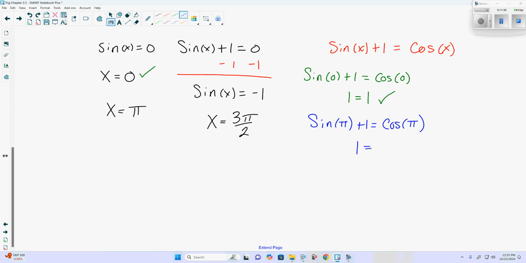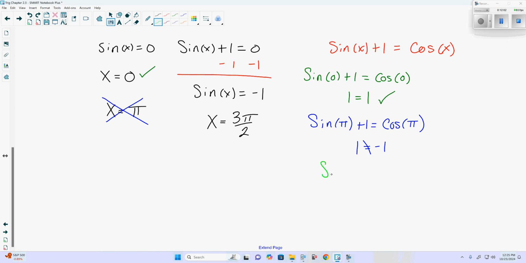However, cosine of pi is not 1, it is negative 1. Because cosine is 1 at 0, and negative 1 at pi, because it has that flip of the sign. Well, 1 is not equal to negative 1, so x equals pi is not one of our solutions.